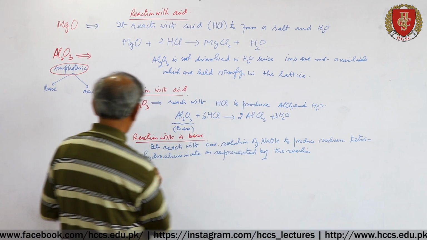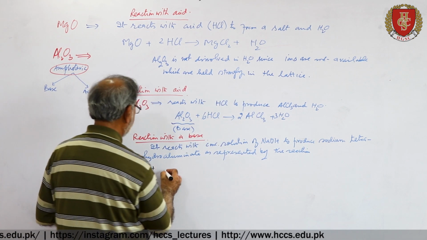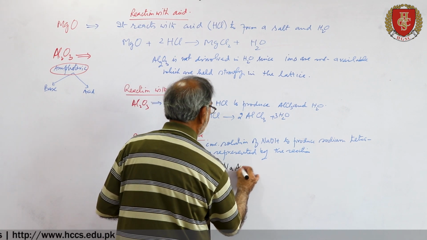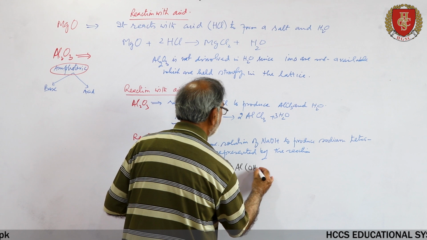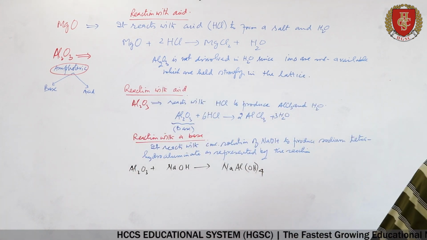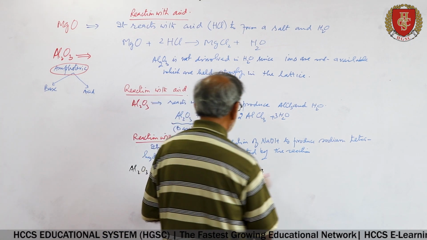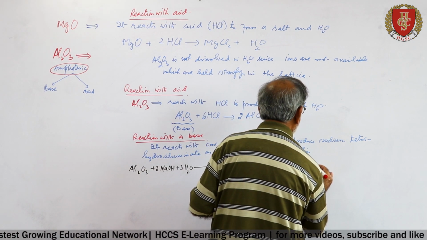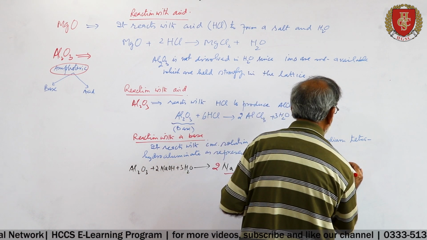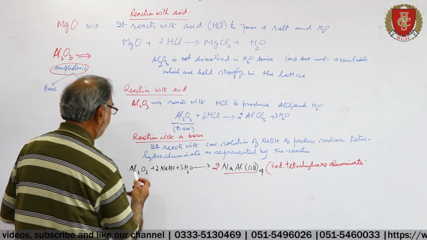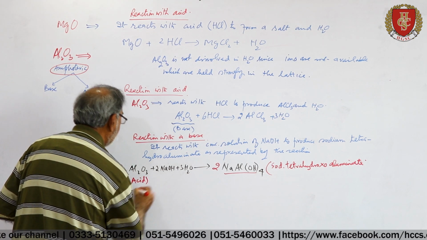Now aluminium oxide combines with NaOH to produce NaAl(OH)4, this is sodium tetrahydroxoaluminate. So here the aluminium oxide is acting as an acid.